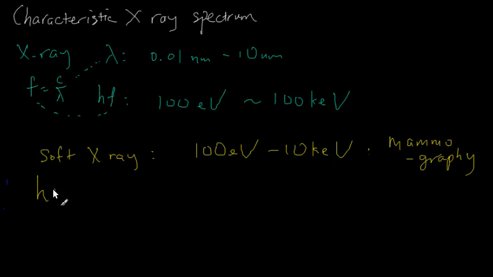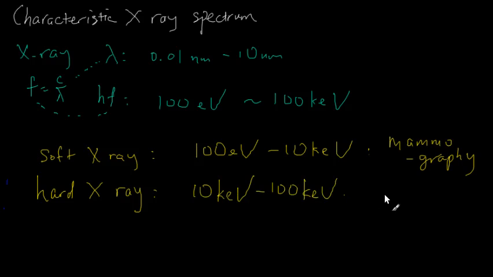Now, you might also have heard of hard X-ray. The hard X-ray corresponds to photons with higher energies, say from about 10 keV to about 100 keV, and these are used in normal X-ray imaging of our body and skeletons, radiography as it is called, and also in airport security, to X-ray our luggage.